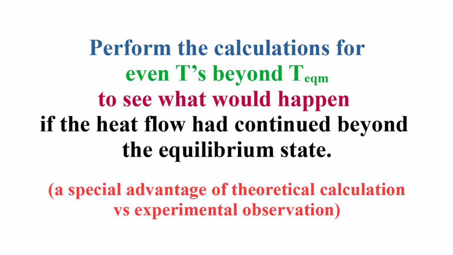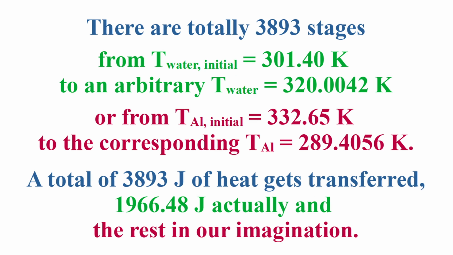This is, of course, a special advantage of theoretical calculations as opposed to the experimental observations, and we will exploit it here. We arbitrarily choose a final temperature of water equal to 320.0042 Kelvin. The corresponding temperature of aluminum happens to be 289.4056 Kelvin.